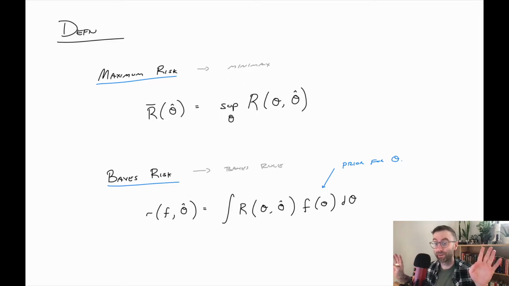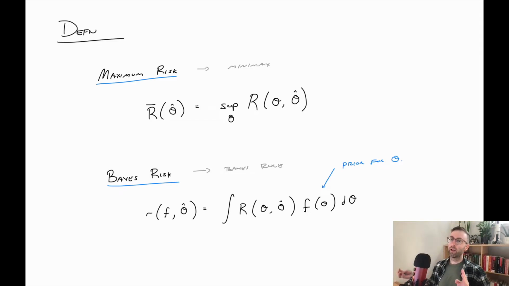Now, we're not going to go into the theory of deriving minimax estimators. It's very difficult. This is way beyond my ability level, but that is something that you could seek to do. Alternatively, we could look at the Bayes risk. To do this, you have to specify a prior over the parameter value that you're interested in, and then essentially it averages over that.